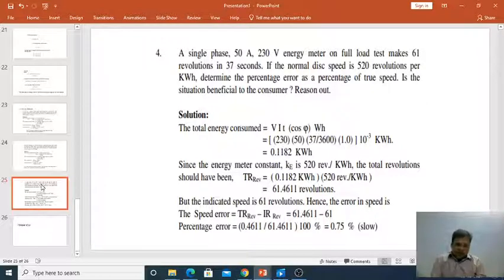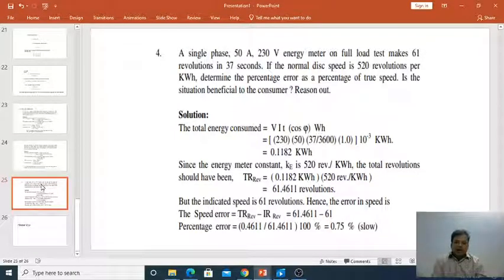Since the energy meter constant is 520 revolutions per kilowatt hour, the total revolutions that should have been made is 0.1182 kilowatt hour into 520 revolutions per kilowatt hour. It is equal to 61.4611 revolutions.